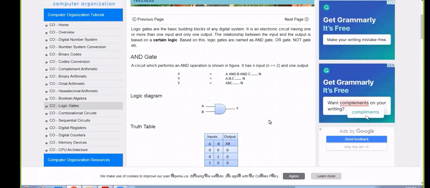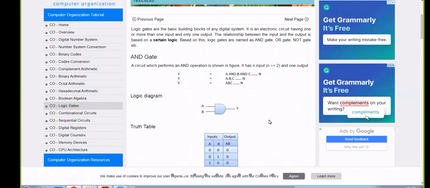But when you are thinking of logic gates, they are the basic building blocks of a digital system. Basically, it is an electronic circuit having one or more inputs. When we talk of different gates, there is a relationship between the input and output based on certain logic.